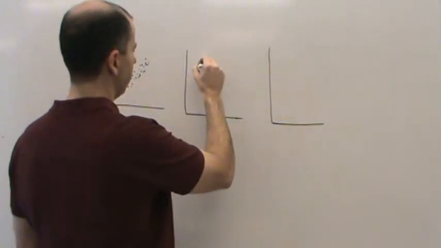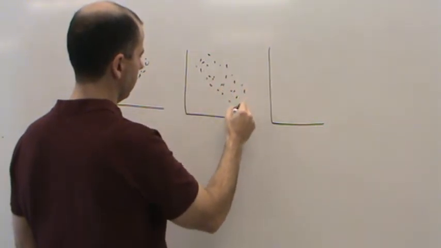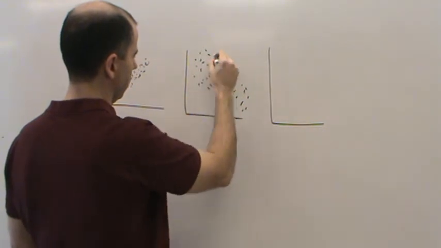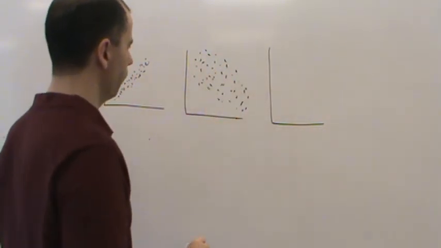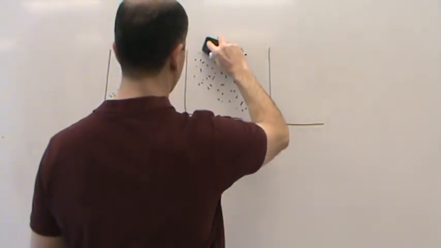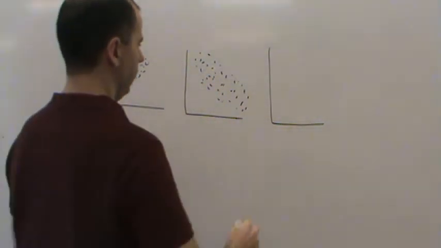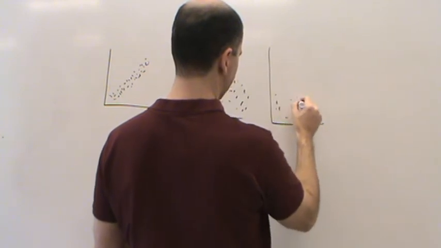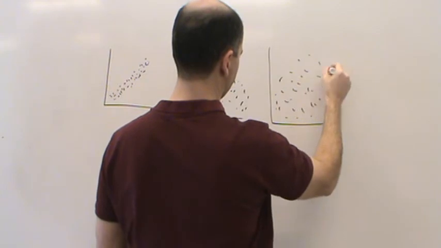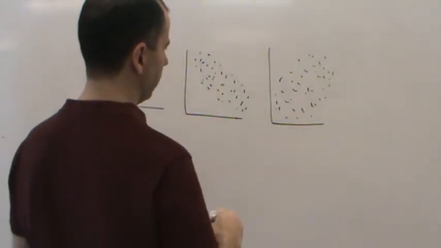And then maybe if I have something like this, yeah, maybe a little tighter. And let's say I have something like this, maybe.